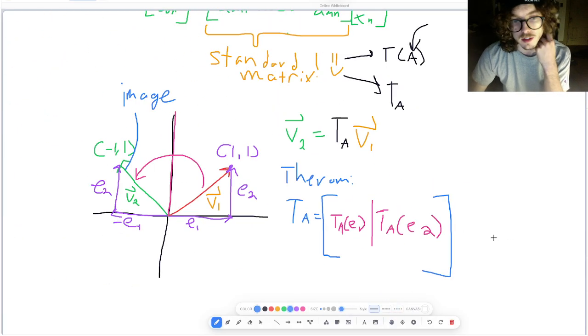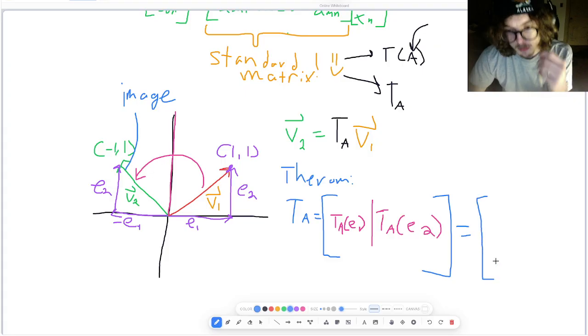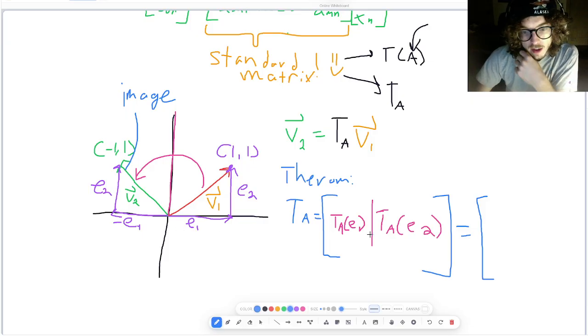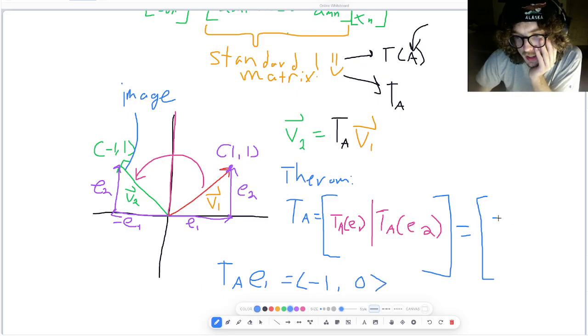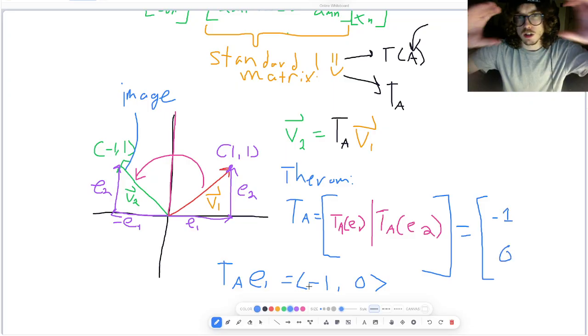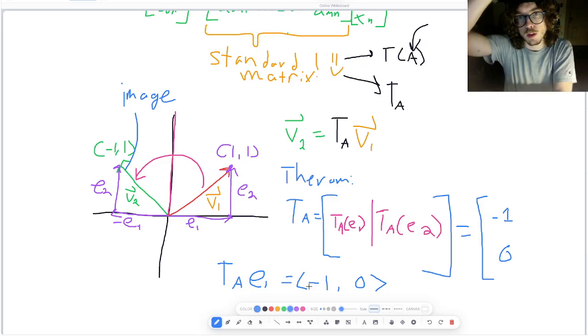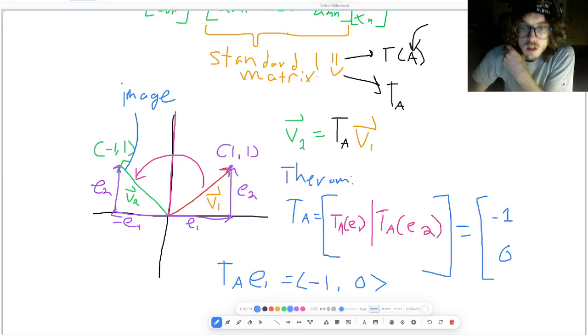So in this case, our standard basis vectors follow that. The transform of this E1 went negative, so T_A of E1 is equal to negative 1, 0, because that's the vector we got out. That's the image we got. So we put it in as a column vector. We transpose the vector, which is sitting as a row vector, and we flip it to a column-like vector.